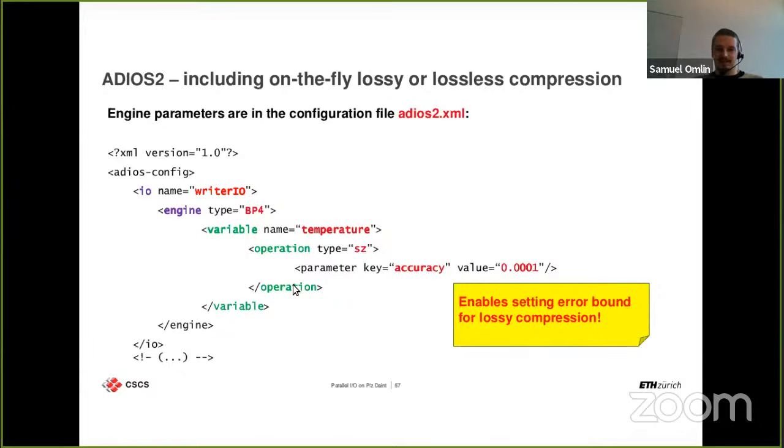And so now to the last topic of ADIOS. It's also another absolutely awesome feature. You can very easily specify for your different variables, for example here temperature, what kind of compression algorithm you want to use just by adding it to your configuration file.